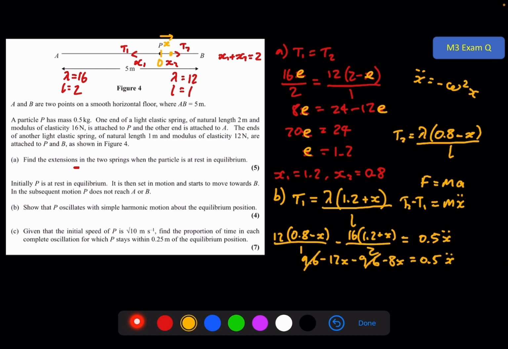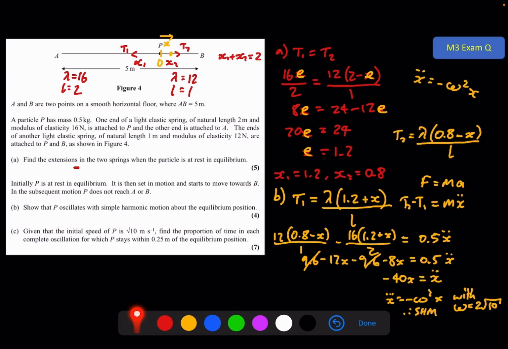They cancel, and we get minus 20x divided by the 0.5, minus 40x is equal to x double dot, and that is of the form x double dot is equal to minus omega squared x, with omega equals 2 root 10, and therefore we do have a simple harmonic motion.